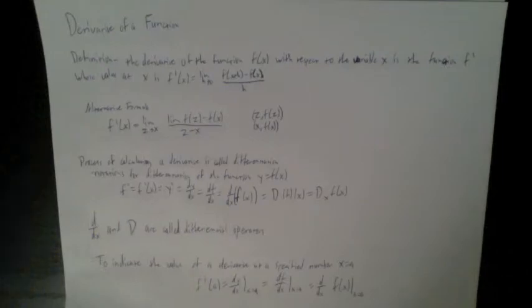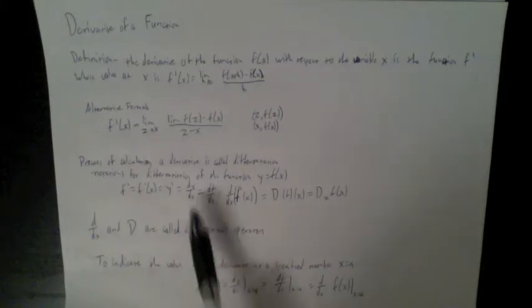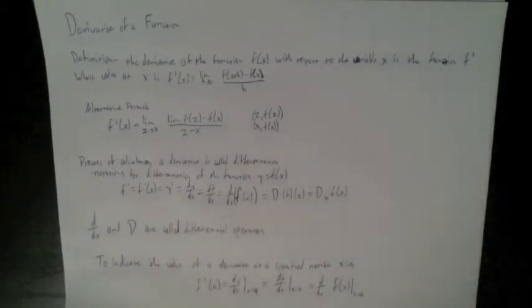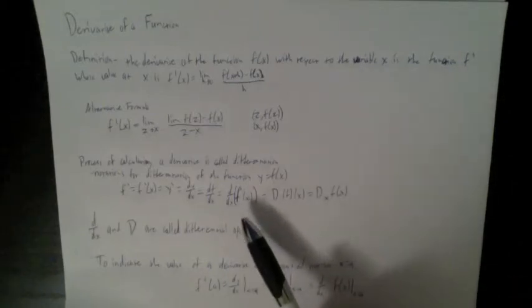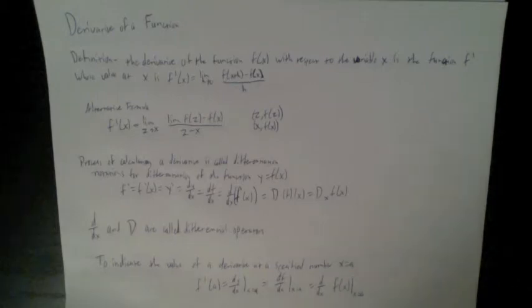And dy dx is just the differentiation of the function y in terms of x. df dx is differentiation of the function with respect to x. And d dx of f of x is differentiation of f of x. d dx and d are called differential operators.